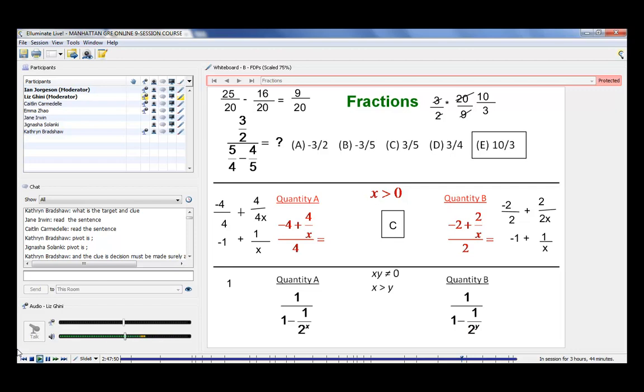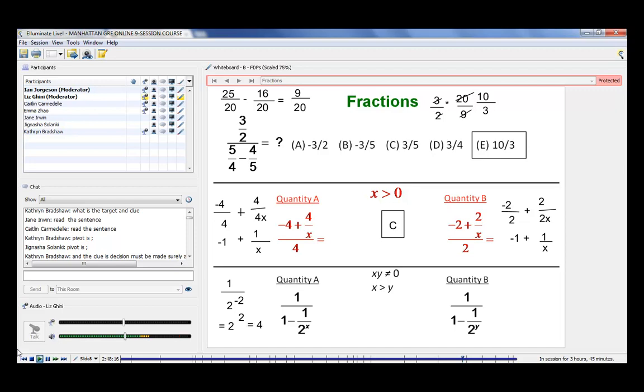What is 1 over 2 to the negative 2, guys? What is that equal to? Well, 2 to the negative 2 is 1/4, Catherine. This is actually equal to 2 to the 2, which equals 4.